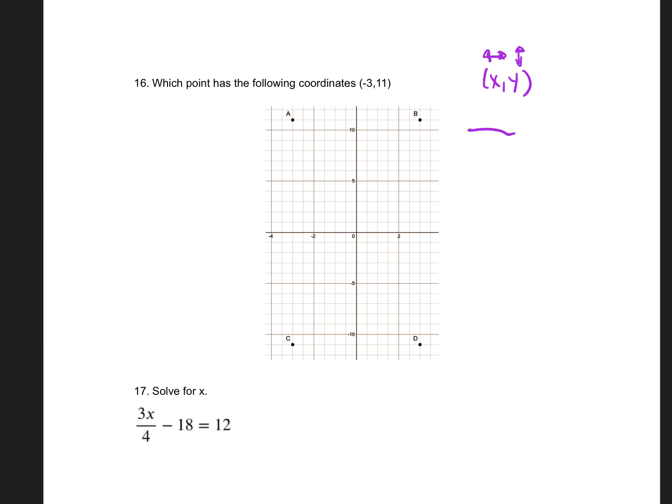All right, and so our positive x's are here, our negative x's, negative y's are down here, and positive y's up here. And so we have a -3 first, and we set our x's first, so we're going to go to the negative x side 3, which is going to be somewhere about right here. And then I'm going to go to 11, which is positive, so that tells me I'm going to go to the positive y's, which is up, and we hit somewhere right here at point A.